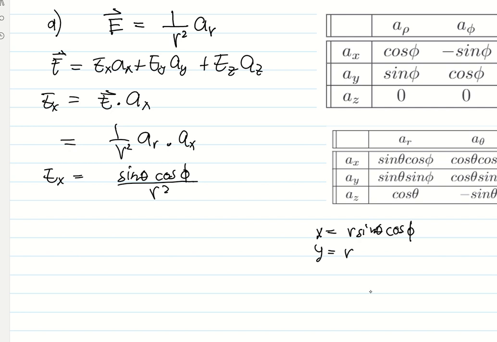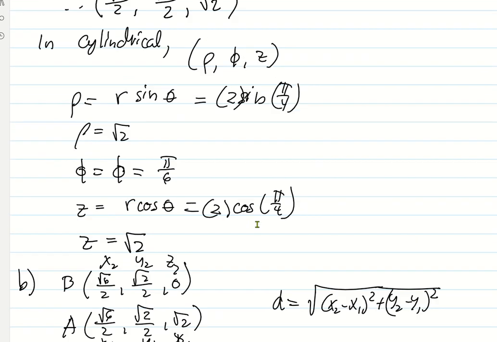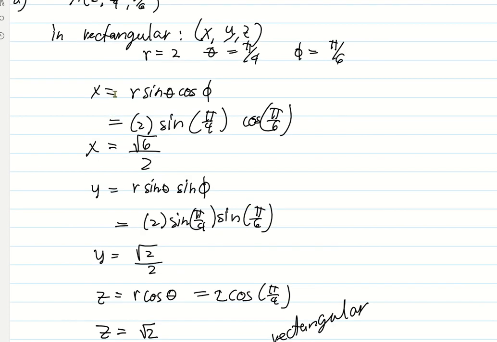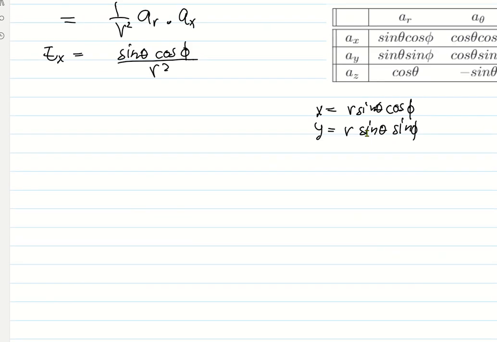Y is r sine theta sine of phi. We did it here. And r is just equal to the square root of x squared plus y squared plus z squared.